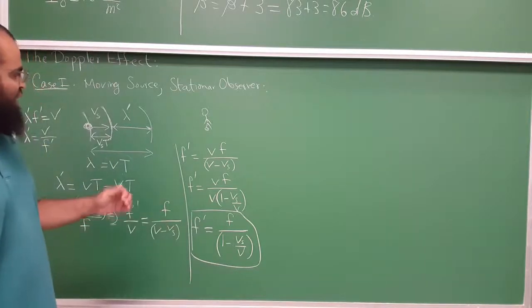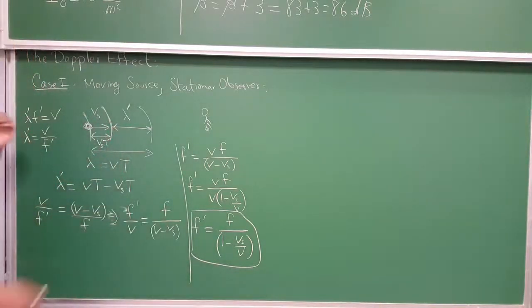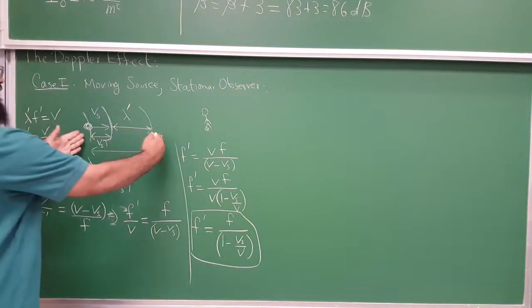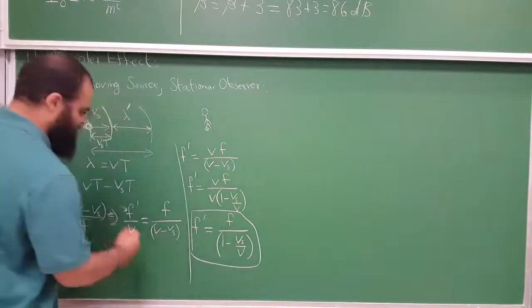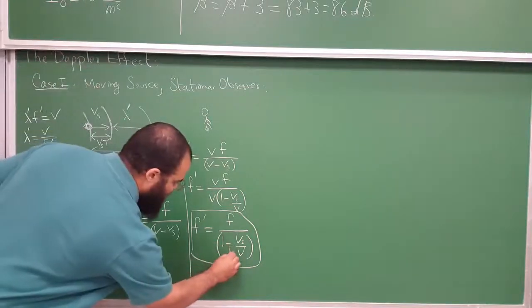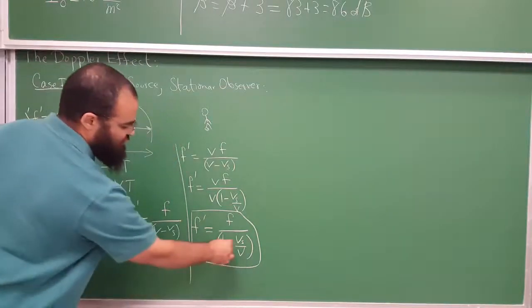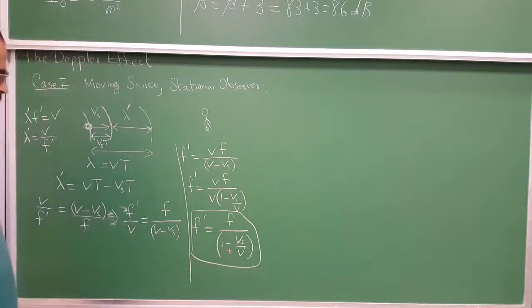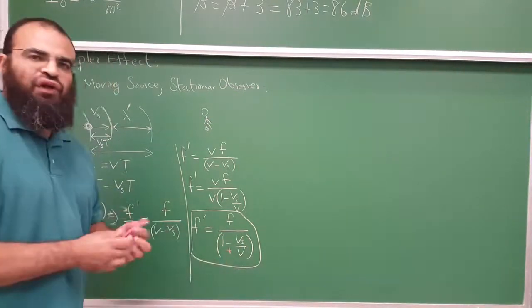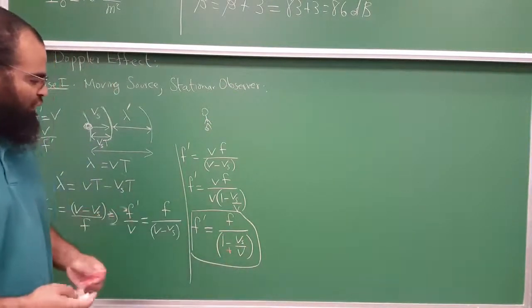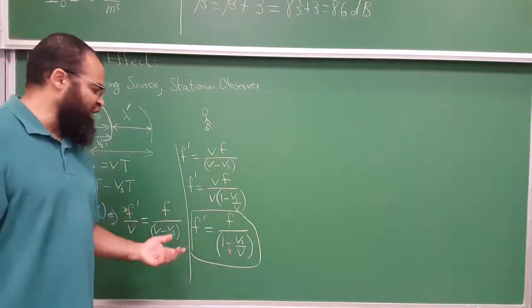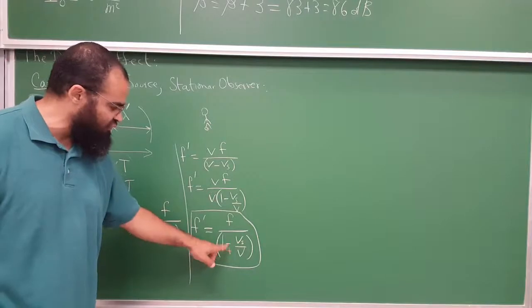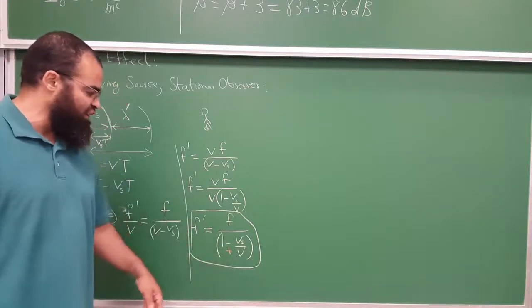On the other hand, if the car is moving away, you will see that the wavelength will be larger, and you can redo the same calculation, but you will have the plus sign. So we usually just put minus plus. And then you can figure out which one is moving toward or away by knowing that if you move toward, you choose the sign that increases the frequency.